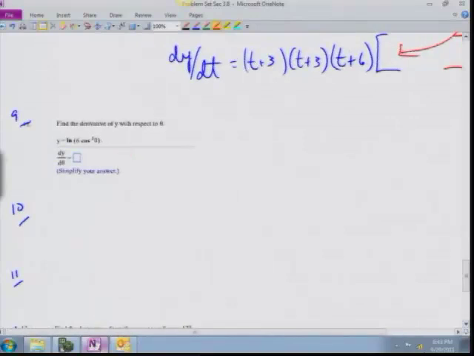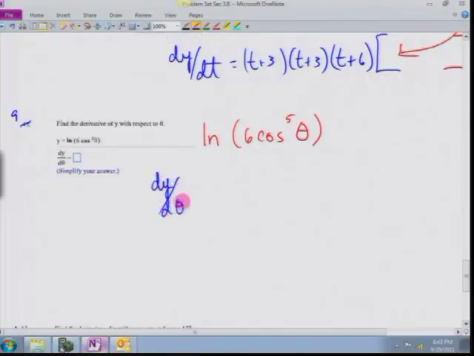Find the derivative of, okay, so we've got ln of 6 cosine to the 5th theta. We're supposed to find dy d theta. Isn't this u prime over u is what we're trying to do?